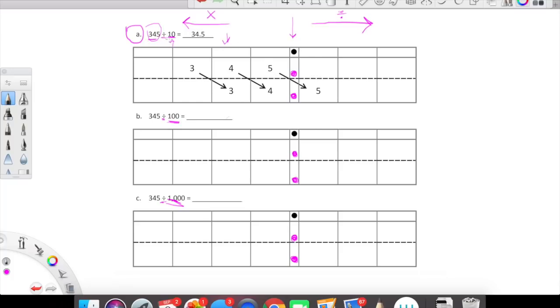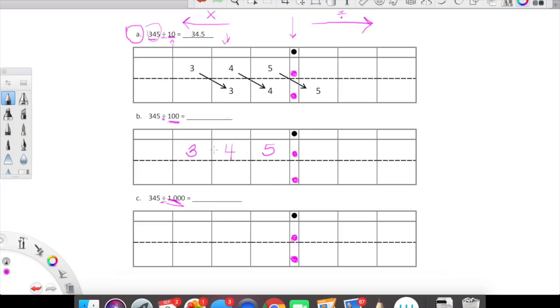So 345 divided by 10, each digit's shifting over to the right because we're dividing, 1 place value. Our resulting quotient is 34.5. Again, the decimal place stayed there. So now let's look at what happens when we divide 345 by 100.